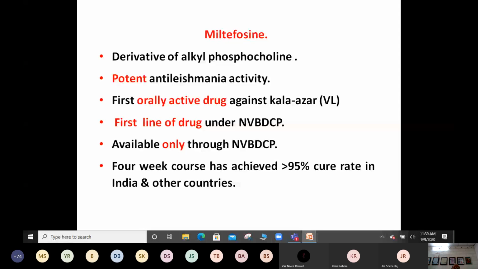And this is also the first line of drug under the National Vector-Borne Disease Control Program. Why is it first line? Because it can be given orally. Number two, hospitalization is not required.